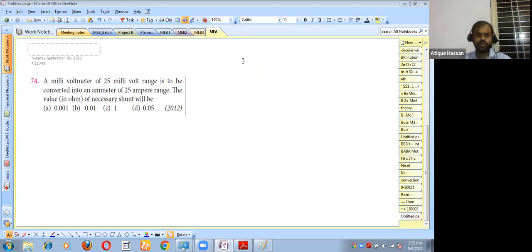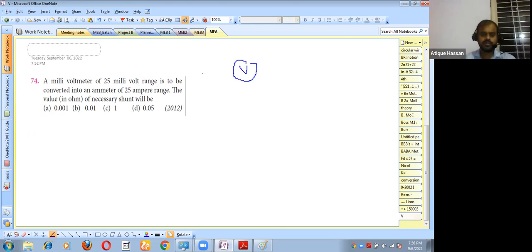The value in ohm of the necessary shunt will be... So suppose we have a voltmeter, and its range is given as 25 millivolt, and it is to be converted into an ammeter of 25 ampere range. The value of the necessary shunt.